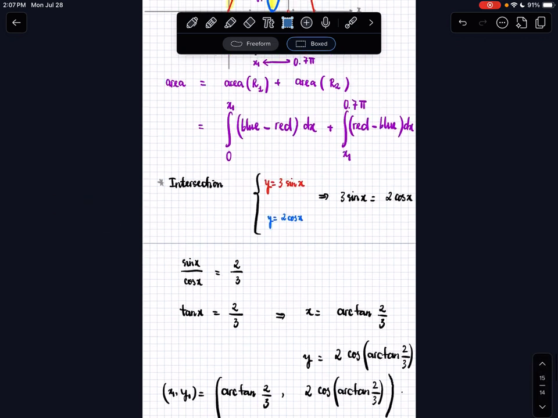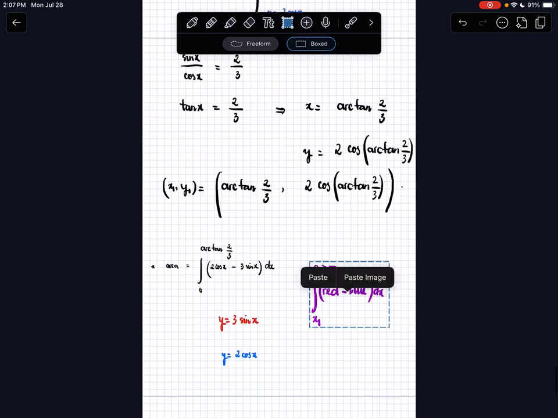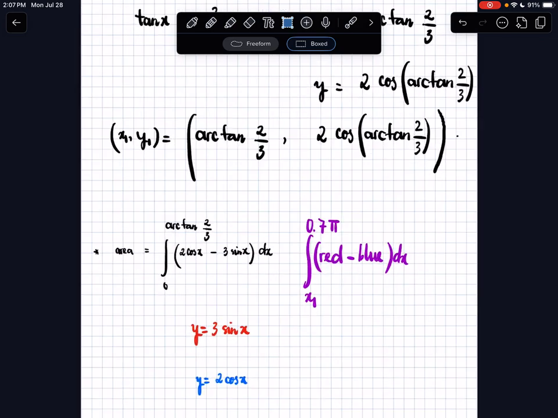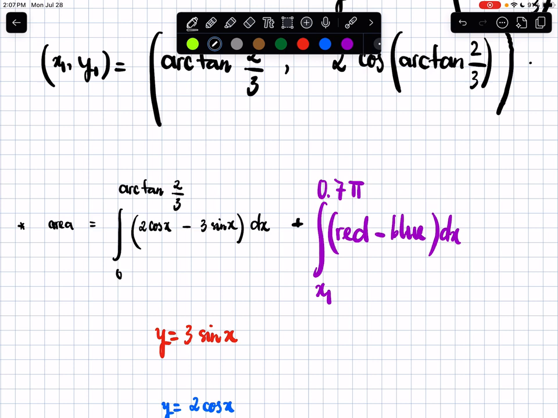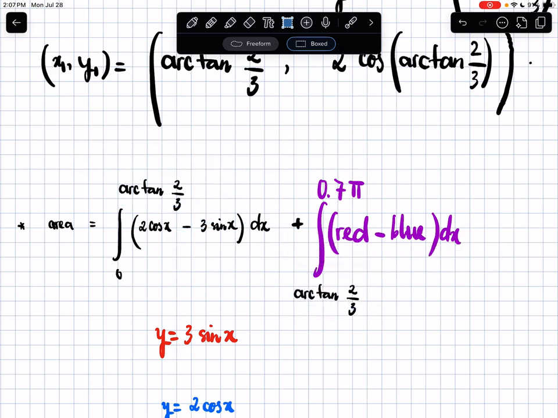The second one is plus the integral from x1, which is arctangent of 2 divided by 3, of the red minus the blue.